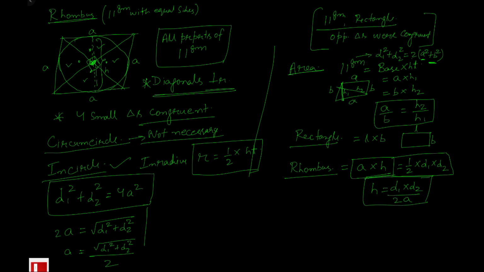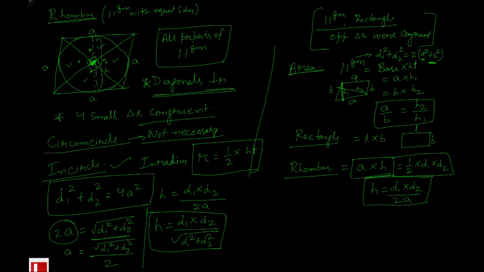So coming back to this, height of a rhombus is equal to product of diagonals divided by 2A. And 2A is this one, so height of rhombus can also be D1 into D2, product of diagonals, divided by root of D1 square plus D2 square. Right?